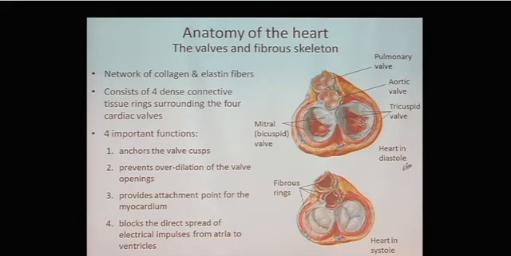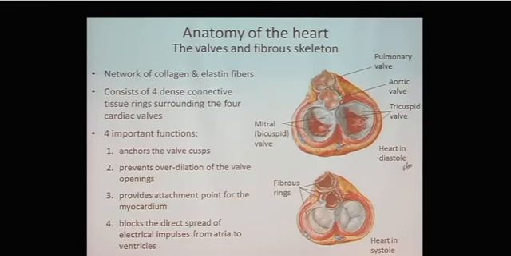These other two valves that are closed, we have the pulmonary valve and the aortic valve, and you can see that they're tricusped. See, 3 cusps each, and they're sort of semilunar, they're half-moon shaped. When they're closed like this, the cusps come up and meet together to close the orifice. And they are closed when the heart is in diastole.